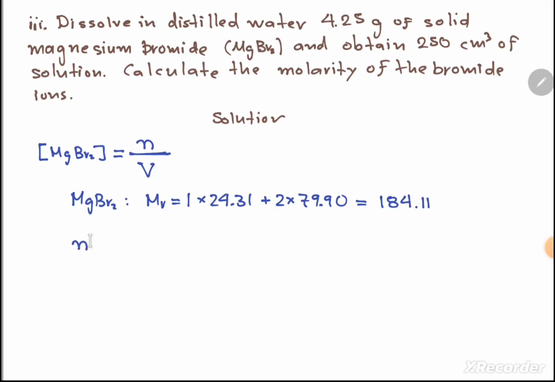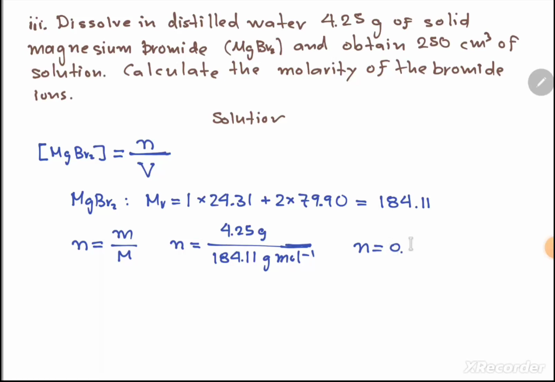So we find the number of mole of magnesium bromide, the number of grams divided by molar mass, and we have 0.023 mole of magnesium bromide.